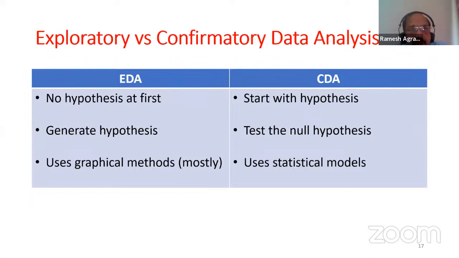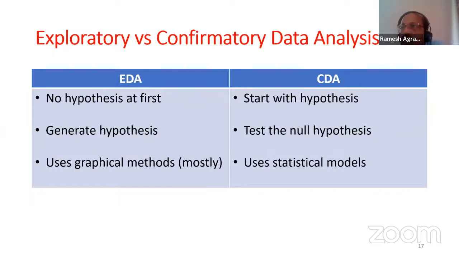Let's take an example: the probability of lung cancer increases for people who smoke too often, and for persons who don't smoke, the probability of suffering from lung cancer is less. You can assume this kind of hypothesis in CDA.